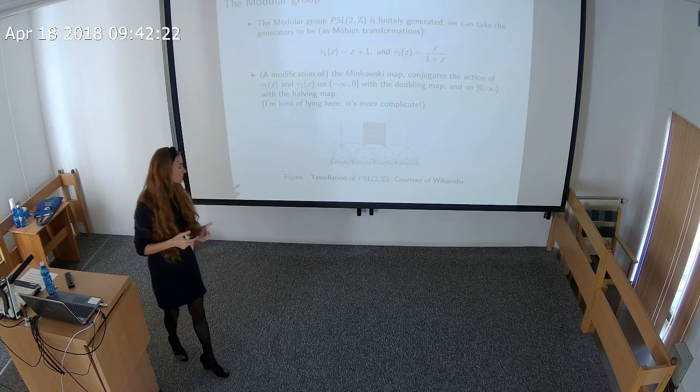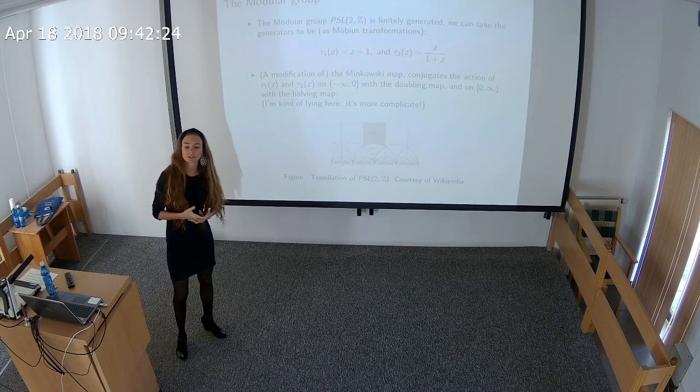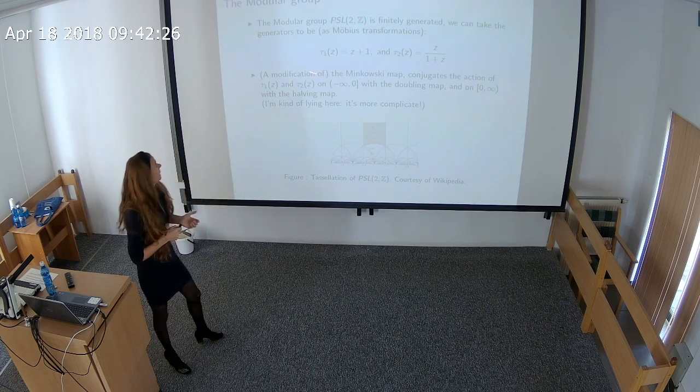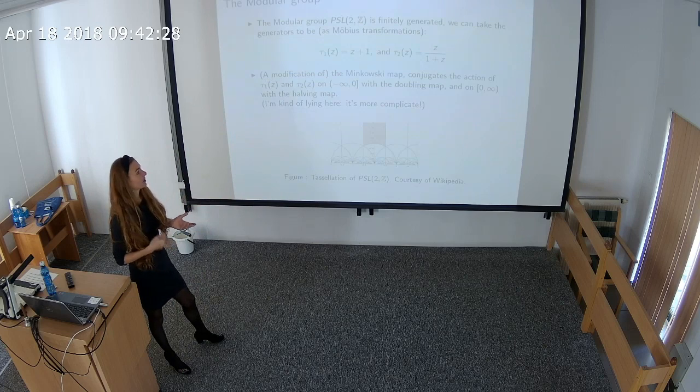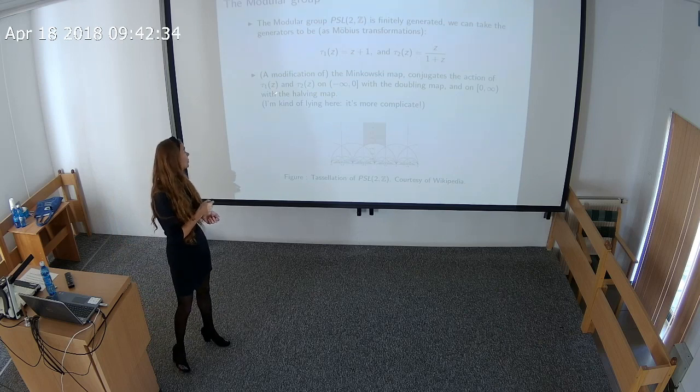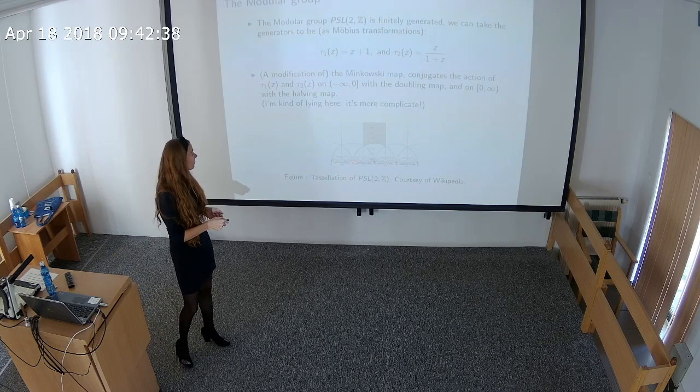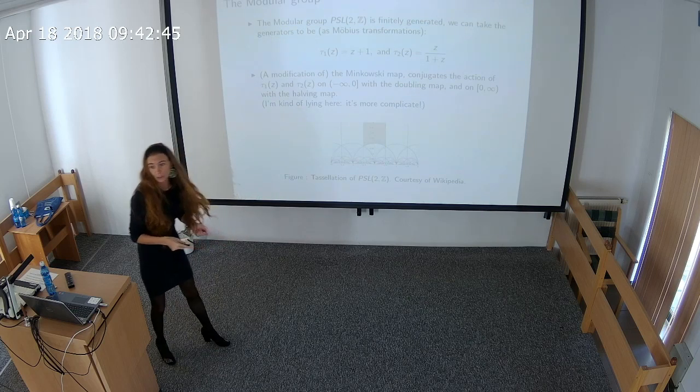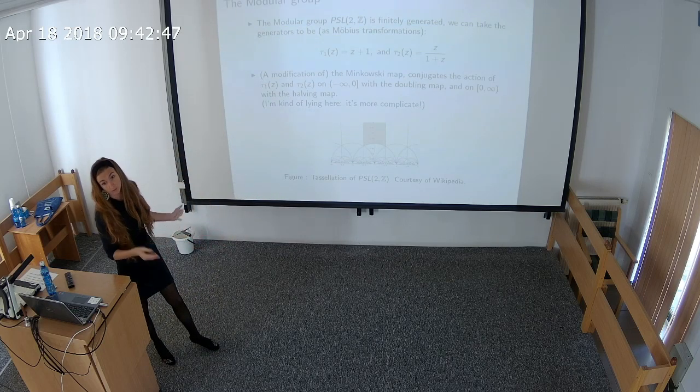And it will be very important later, the fact that a modification of the Minkowski map conjugates the action of the generators of the modular group on minus infinity to 0 to the doubling map, and on 0 to plus infinity to the halving map. I'm lying, it's more complicated than this.